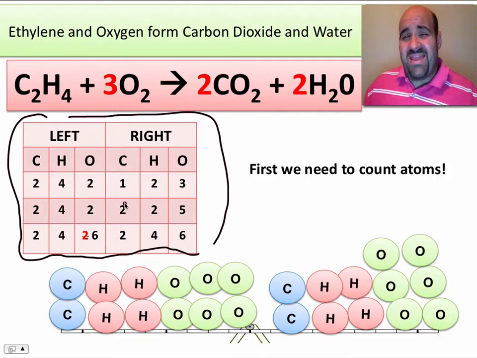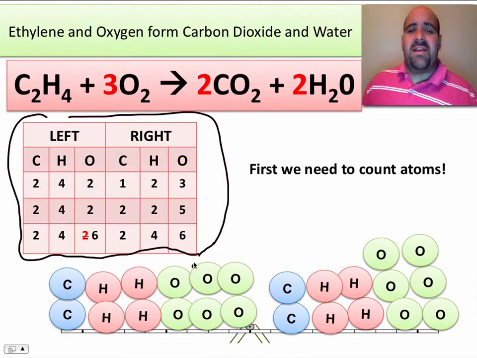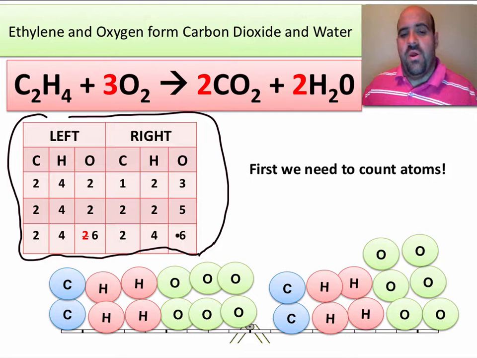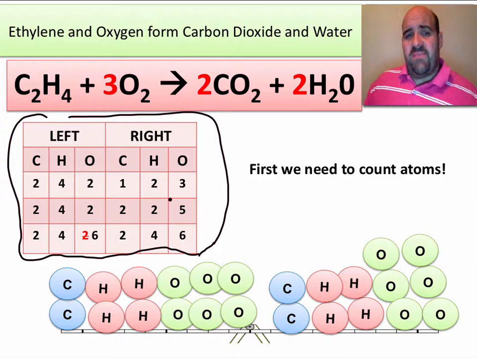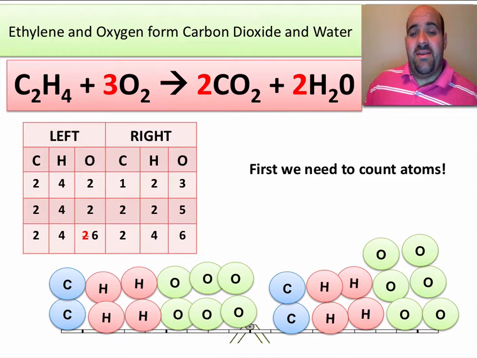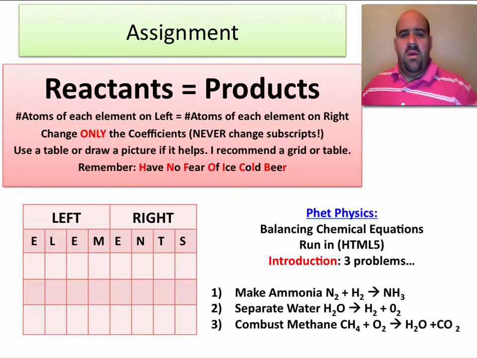You may be able to do a lot of these in your head, that's fine, but sometimes the problems get more complicated and it's easier to keep track if you make a grid. Drawing every element out in terms of a seesaw might be too much work, but a little table or even a roughly drawn one might help you balance equations better. So remember, we always change the coefficients. We're counting atoms, and we're changing the coefficients to make the same number of atoms on each side of a formula.